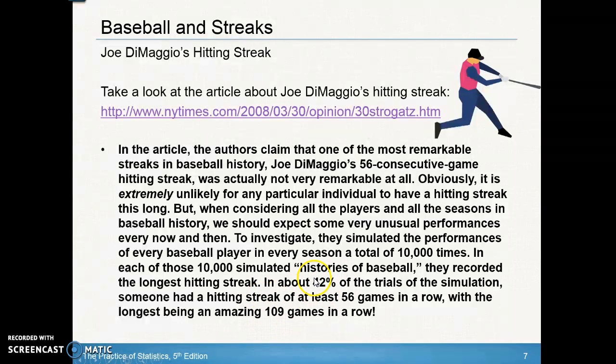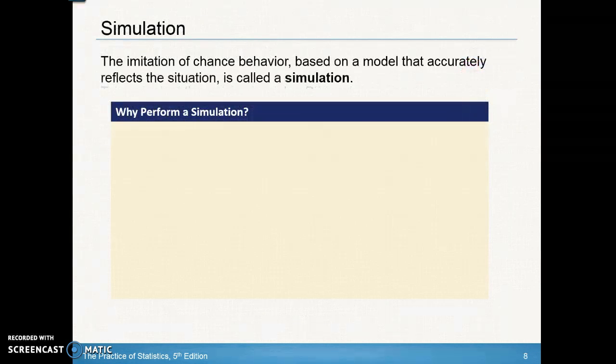So that's basically like saying, if I took all these baseball players and I had them play a total of 10,000 times, in 42% of those, they would have a hitting streak of 56 games in a row. So it wasn't as remarkable as everyone said it was going to be.